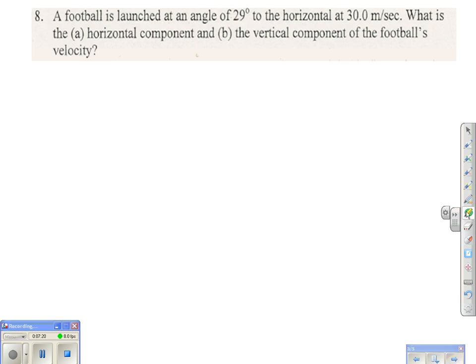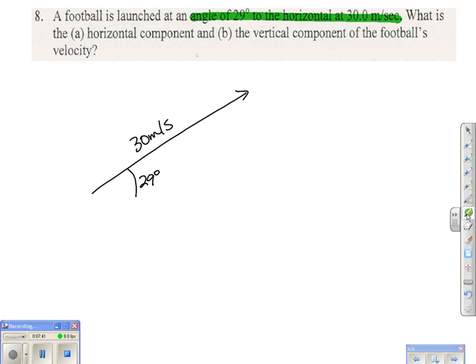This first line, because it has an angle and a magnitude, is literally your resultant already. So it's what you draw here: an angle of 29 degrees to the horizontal, and 30 meters per second that we have launched this football. We are asked to find the horizontal and vertical components.